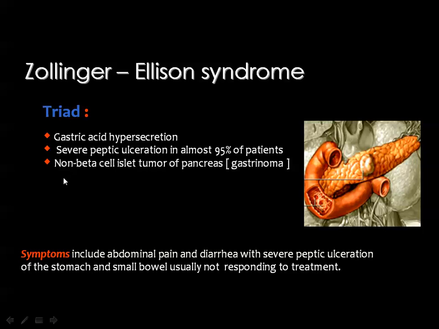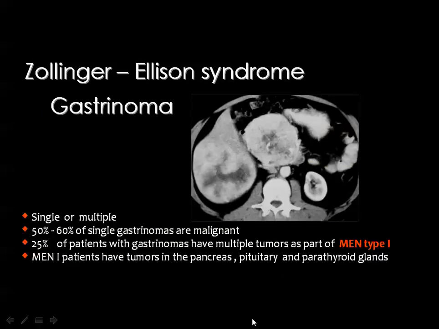Then the third part of the triad is the presence of a non-beta cell islet tumor of the pancreas, which is the gastrinoma. Then symptoms of this syndrome include abdominal pain, diarrhea, and severe peptic ulcerations of the stomach and maybe the small bowel. And these ulcers are usually not responding well to the medical treatment.